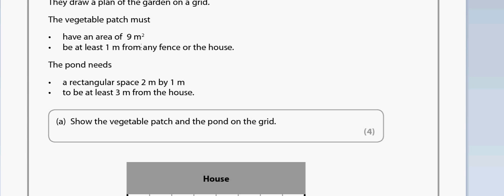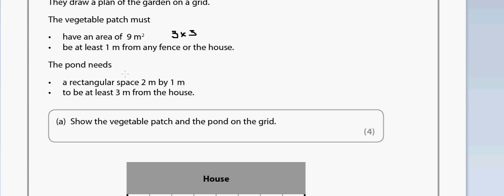That would give us 3 times 3 is 9 meters squared. So I will be inclined to go for 3 times 3, purely because it's a bit more compact, and it must be 1 meter from any fence or the house.